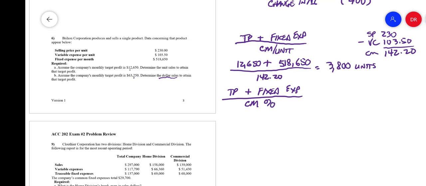The ratio is the contribution margin per unit of $142.20 divided by sales price per unit of $230. When we do that, we get a contribution margin ratio of 55%.